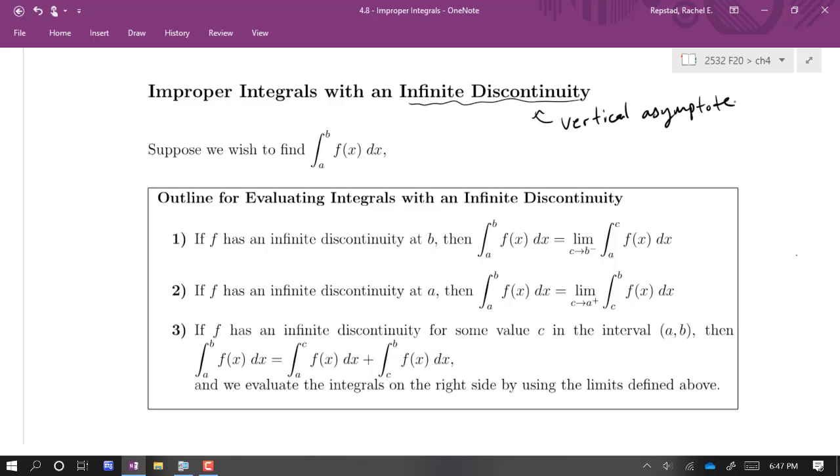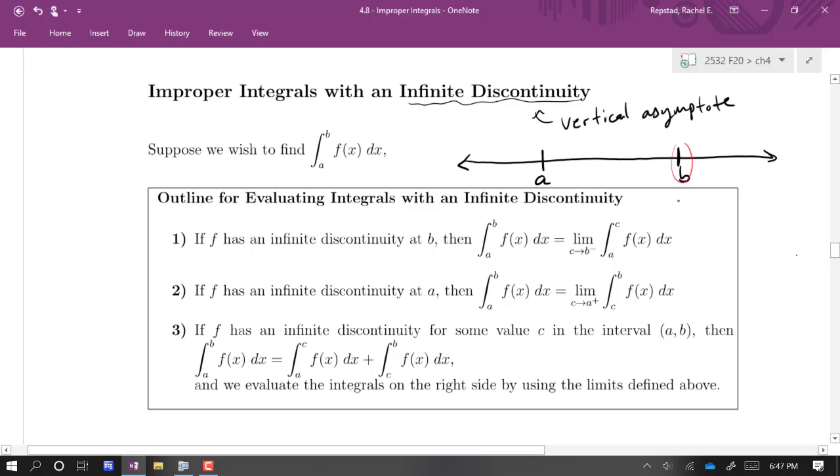So suppose here's the real number line, right? And we're integrating on the interval from a to b. If there's an infinite discontinuity at b, so that's the value that makes it blow up, what we're going to do is rewrite that improper integral as the limit of a definite integral.